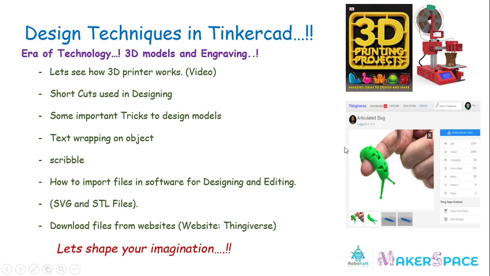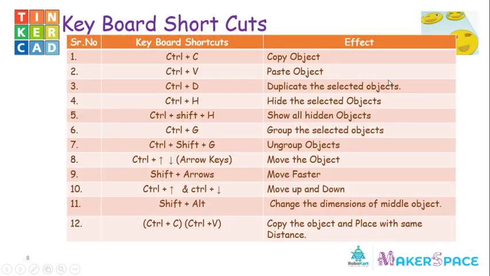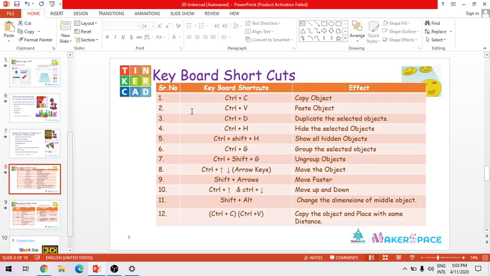Then text, and how to wrap the text. Then there is an interesting tool that we will explore today, and how to import files and all. You must have seen some images given here. There is one kind of object which is on a hand, and there is one printed design also. So let's have a look at one video.